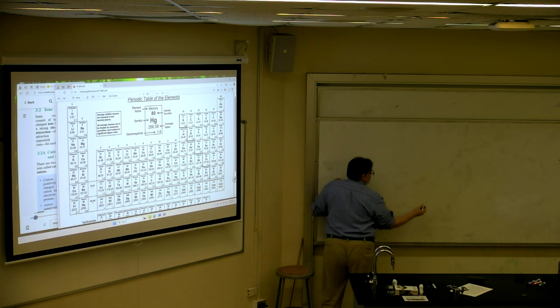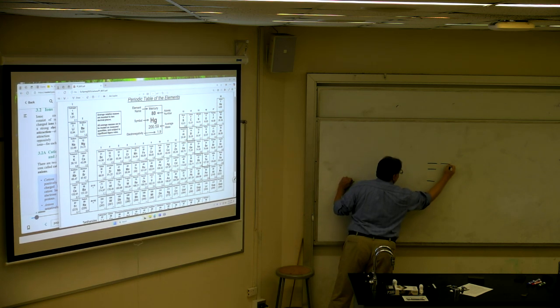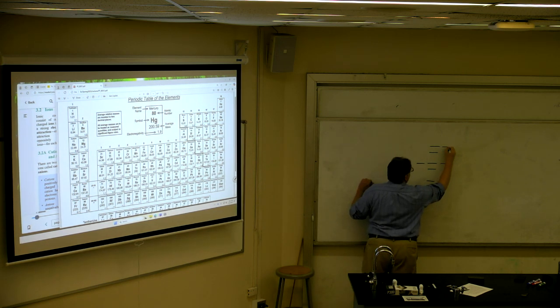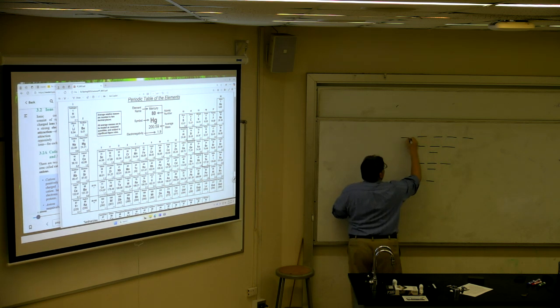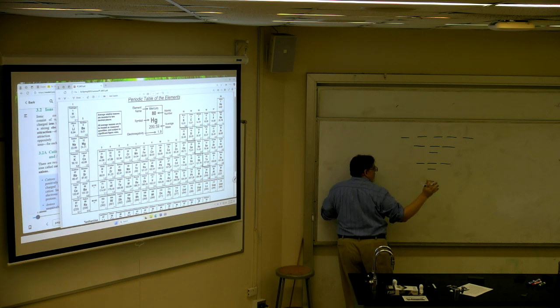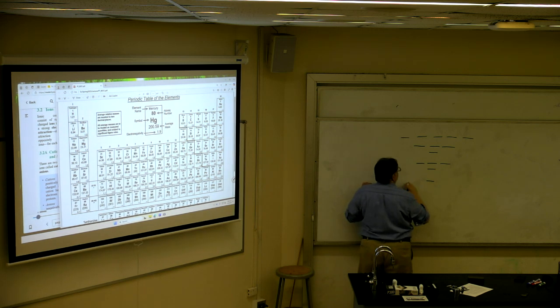If we're going to do electron configurations, it's 1, 1, 3, 1, 3, 5. If you can do 1, 1, 3, 1, 3, 5 real quick, you can do that off the periodic table, but if you just memorize that much, you can get this much.